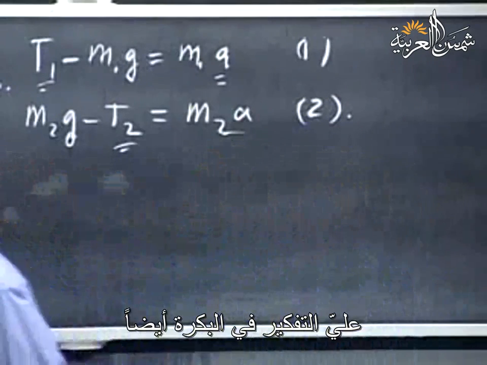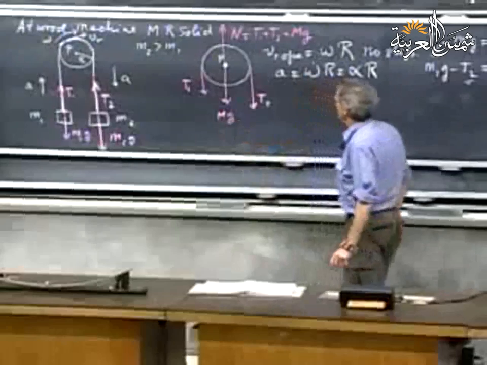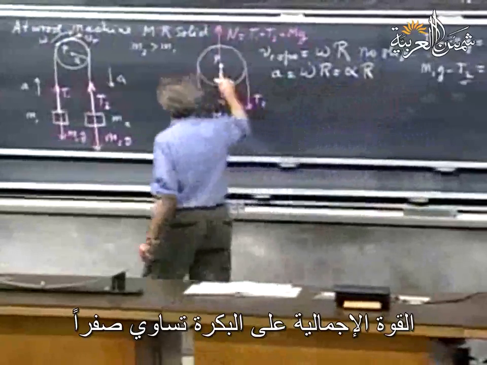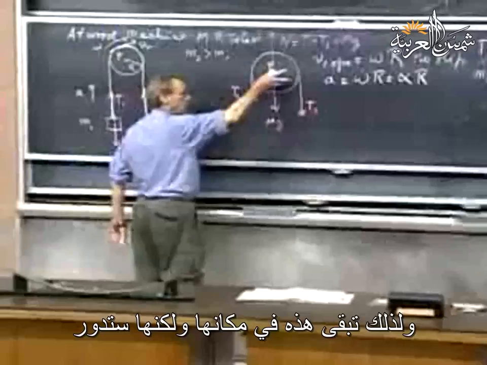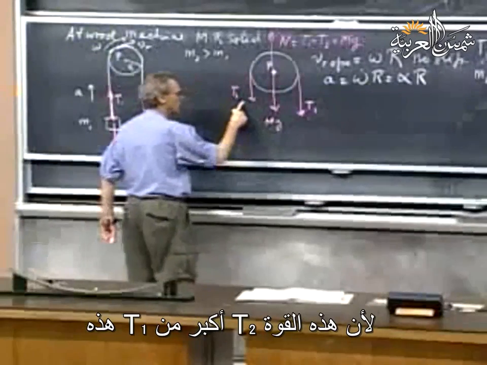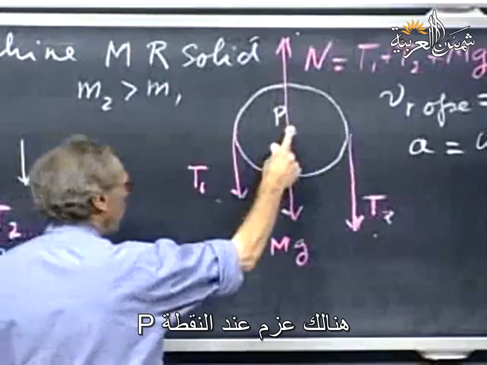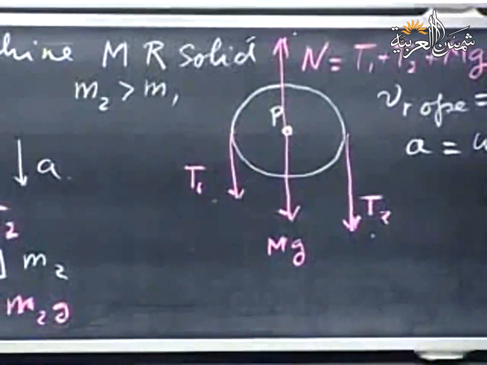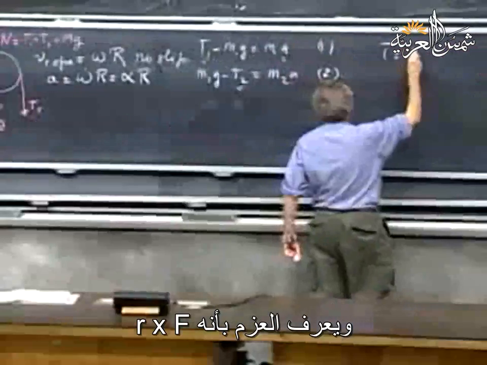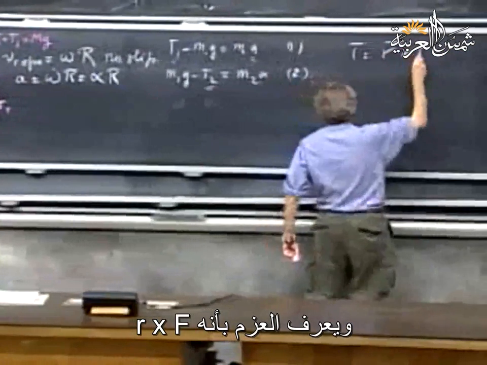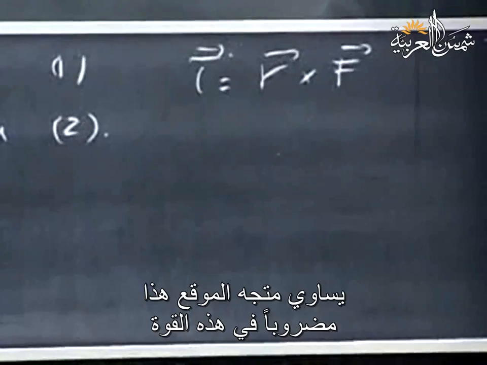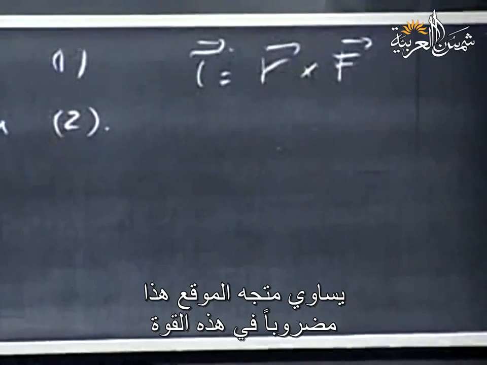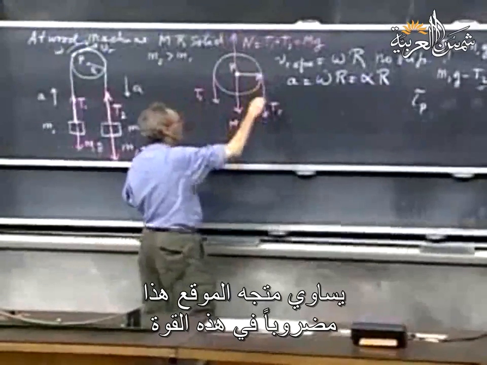I also have to think about the pulley. The net force on the pulley is 0. That's why this stays in place, but it's going to rotate, because this force T2 is larger than this T1. There is a torque relative to that point P, and torque is defined as r cross F. But the torque relative to point P, the magnitude, is this position vector times this force.